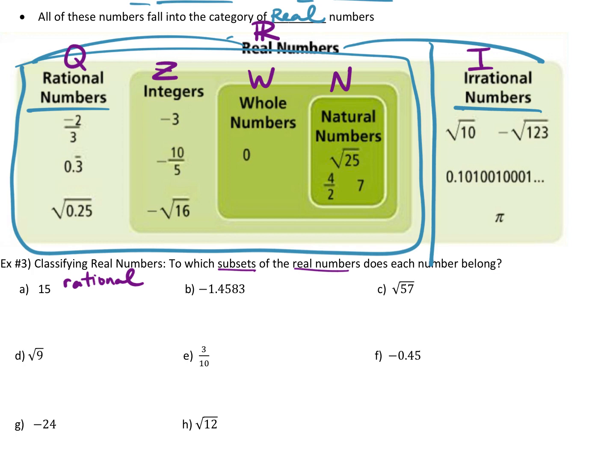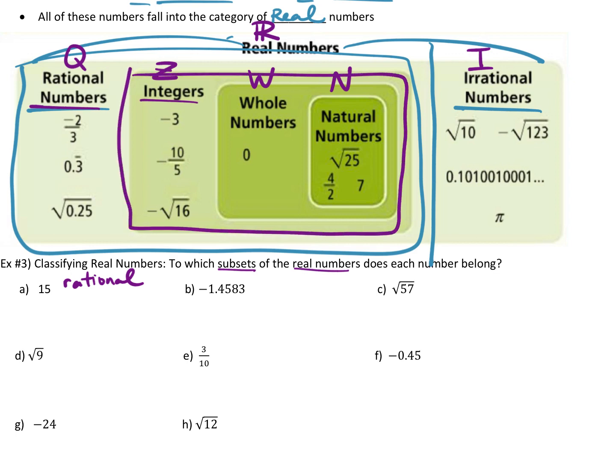Okay. Is it an integer? Remember, the integers are the counting numbers and 0 and negative. So all of these are integers, right? Including a number like 7 or 15 is an integer. So this is an integer.